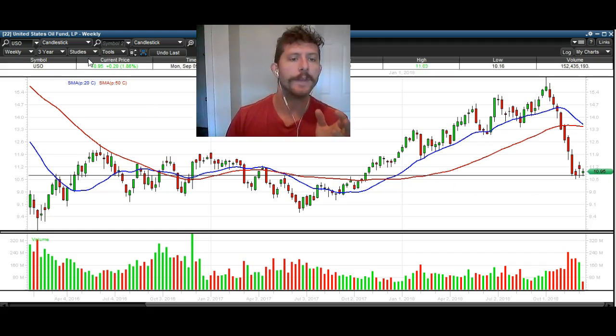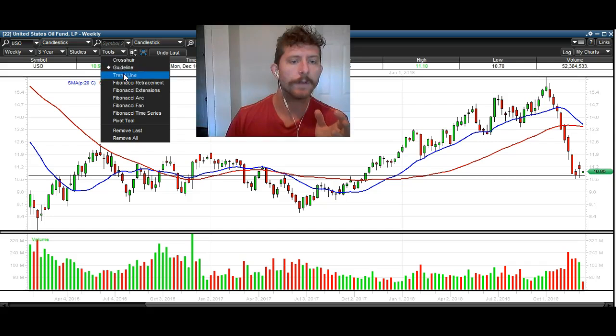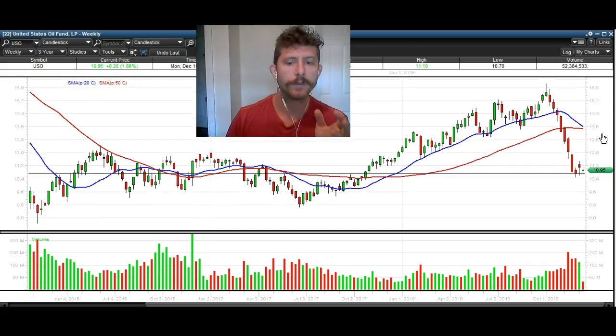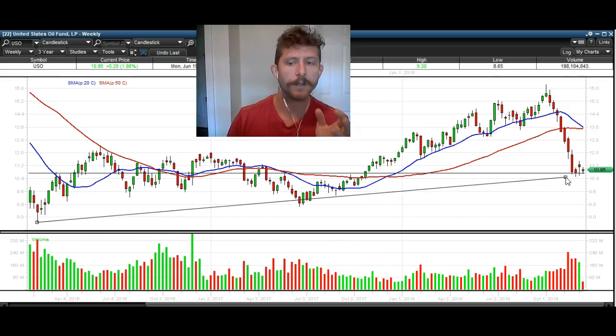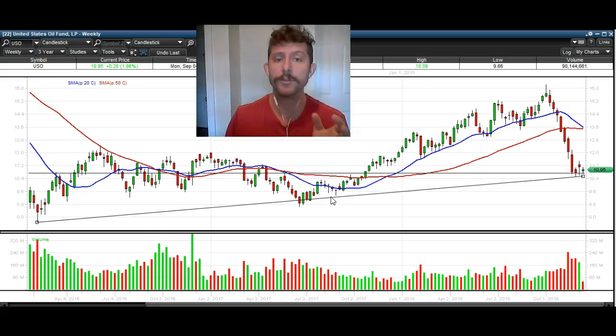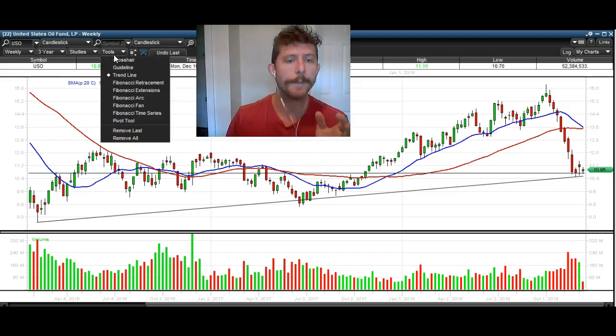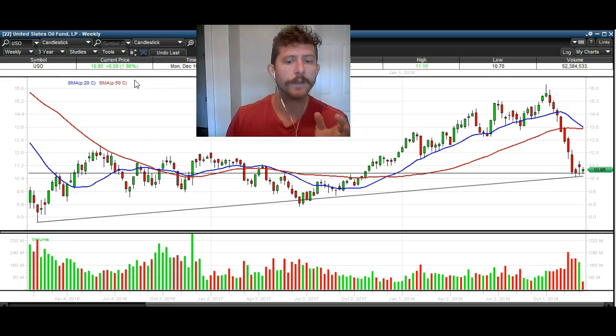The next thing I want to point out is we've got this trend line that started here, hit there, and then look at where we're at right now, right against that trend line. So we've got the support, we've got the trend line right there. Then we've got a Fibonacci retracement level from this major low right here.